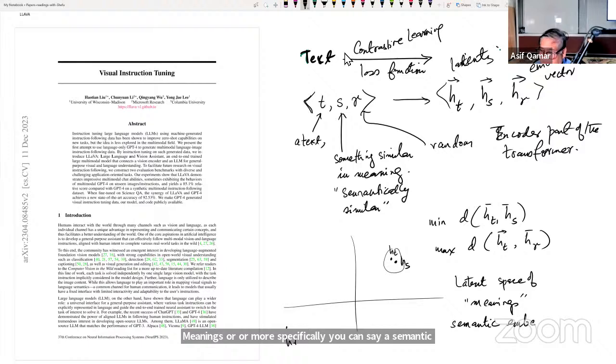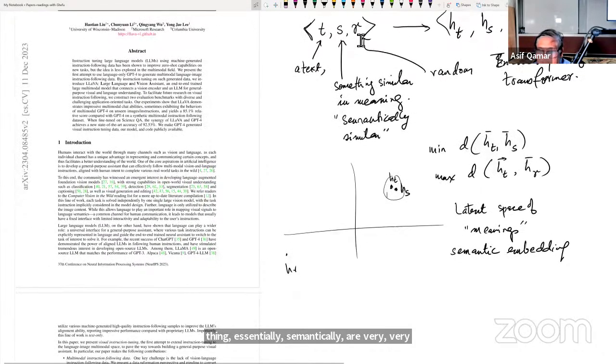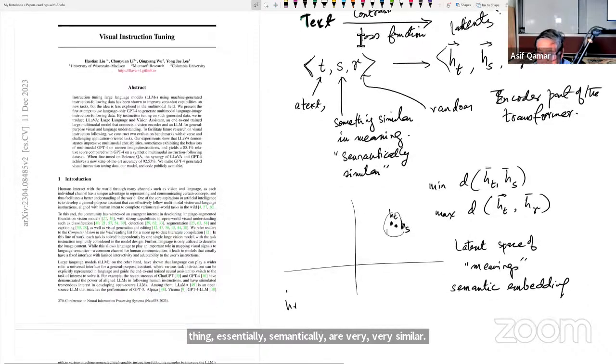That's a word people often use. Each piece of text goes and sits in this space at a point where the neighboring points are talking about the same thing, essentially semantically very similar. So that's a bit of the history that started this game. And obviously we now know these as sentence encoders.